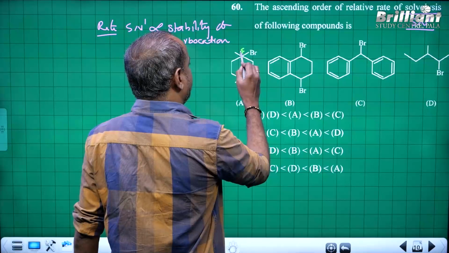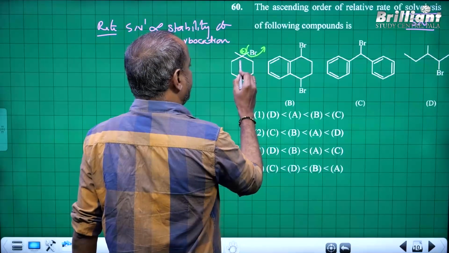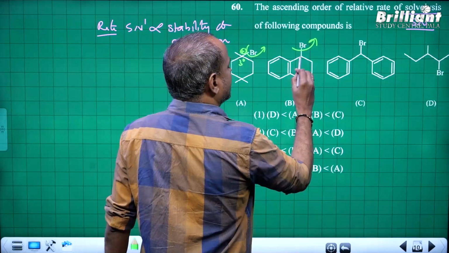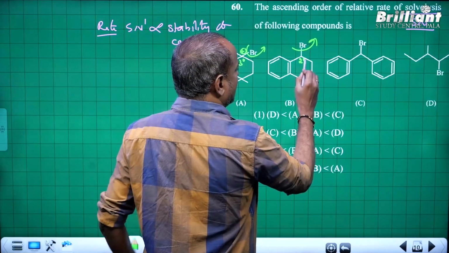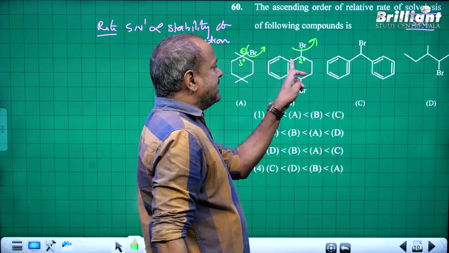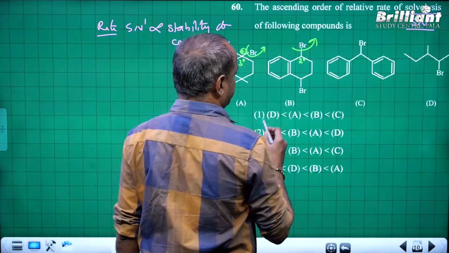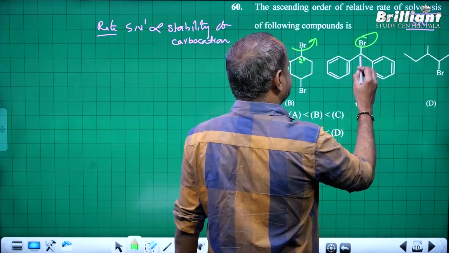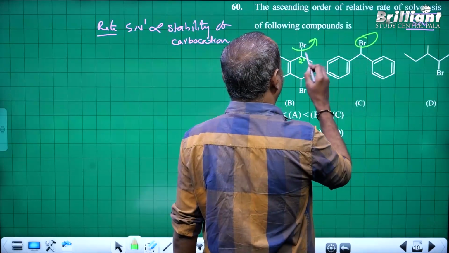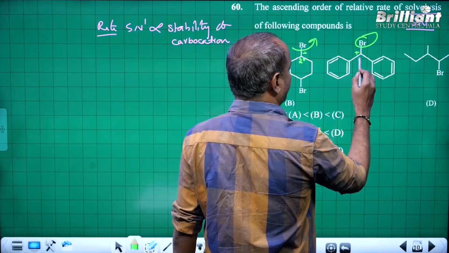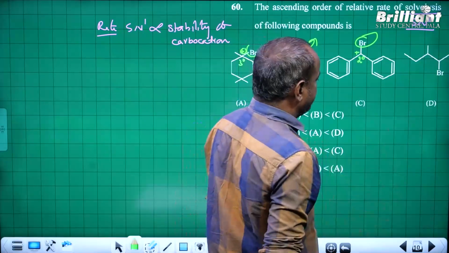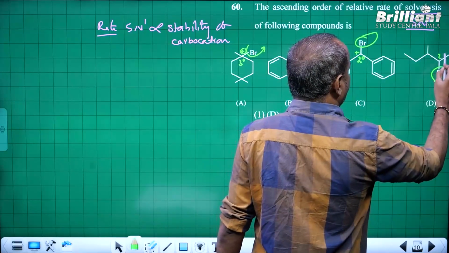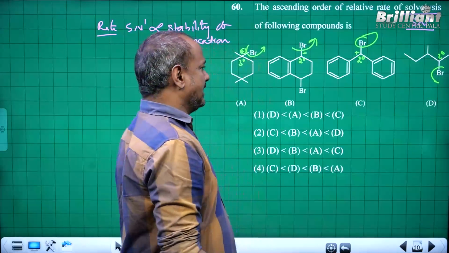This is a tertiary cation. This is a secondary alkyl benzyl cation. This is a secondary benzyl cation. This is a secondary aliphatic cation, or alkyl cation.